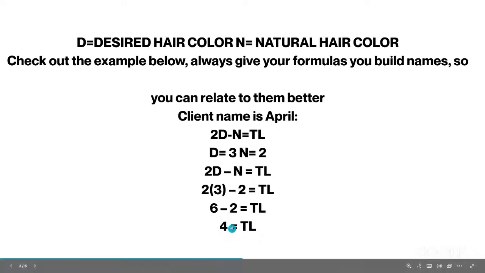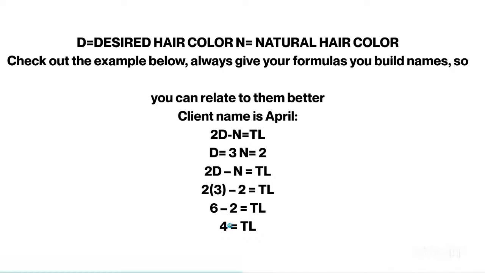So this is saying for April to get the color she wants, you need to go to the dispensary cabinet and pull out a level 4. Okay. This level 4, you're going to put that on April's hair, and it's going to lift her to a level 3. One level. Okay. That's easy.